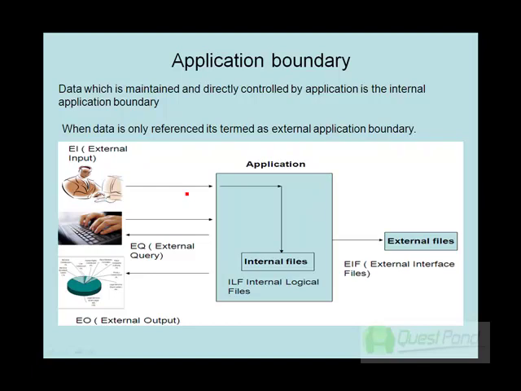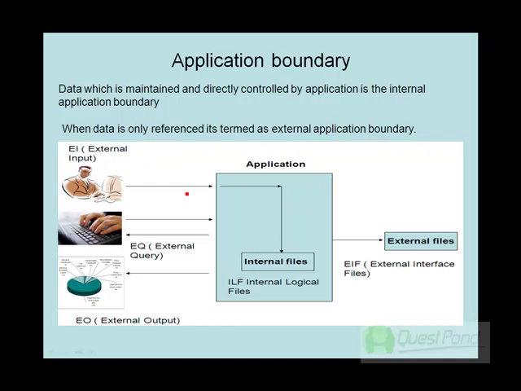So the application boundary fundamental of function point helps you to segregate and analyze the third party entities. If the application is in direct control of the resources, then those kind of entities are termed as inside the internal application boundary.